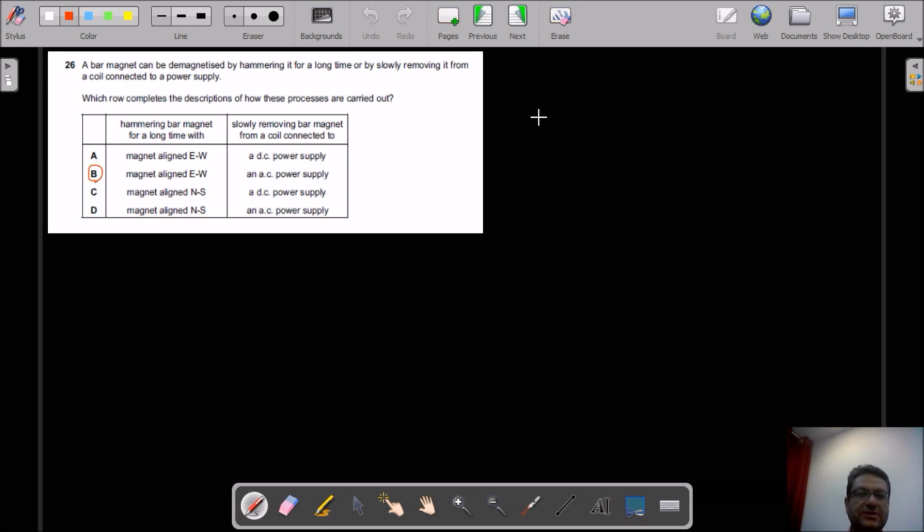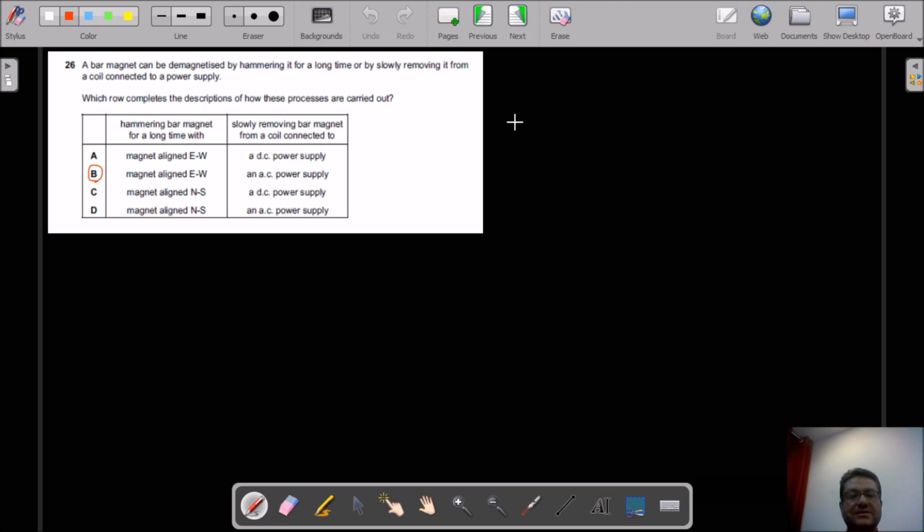A bar magnet can be demagnetized by hammering it for a long time or by slowly removing it from a coil connected to a power supply. Which row completes a description of how these processes are carried out? If you're hammering a bar magnet for a long time with the magnet aligned east-west, or if you are slowly removing the bar magnet from a coil connected to an AC power supply, then it will be demagnetized.